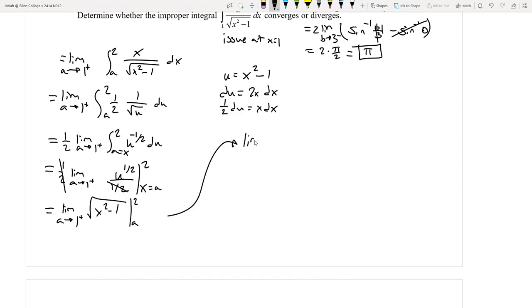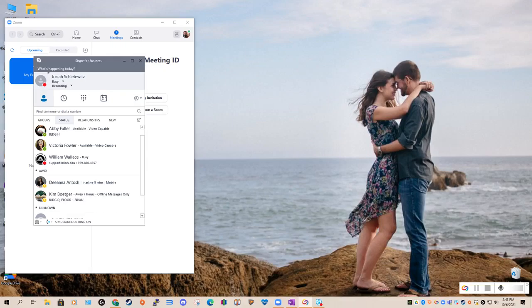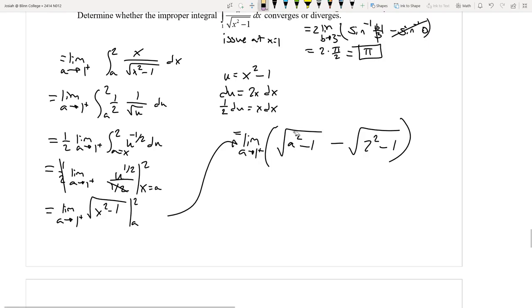So we have the limit as a tends to 1 from the right. And we'll have on the inside here root a squared minus 1 minus root 2 squared minus 1. Sorry, I just realized I did switch those.